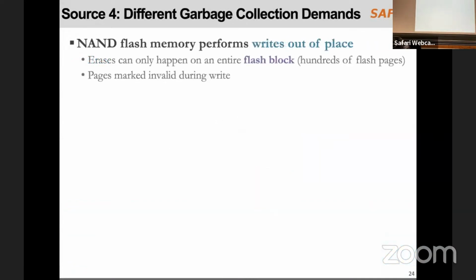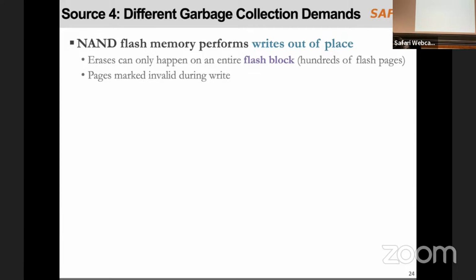And another source is garbage collection demands. When we have different applications or different flows running together, some of them are write intensive, essentially. They issue a lot of writes, and because of those writes, they cause invocation of garbage collection. And that garbage collection can be treated as a noisy neighbor, actually.